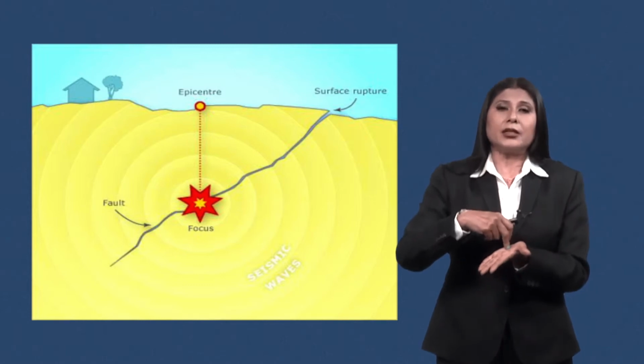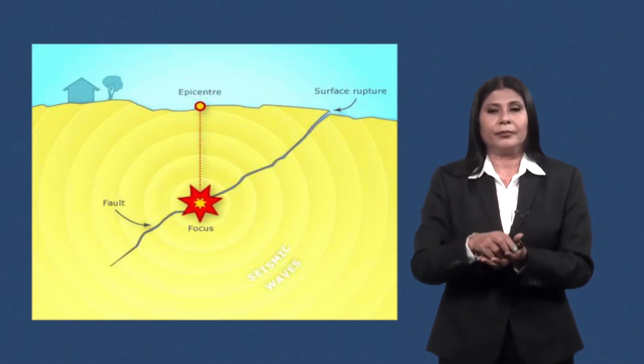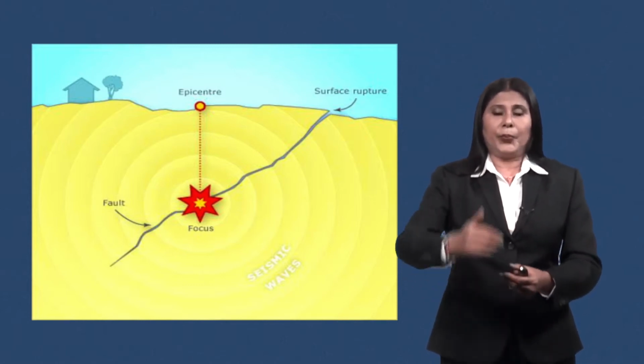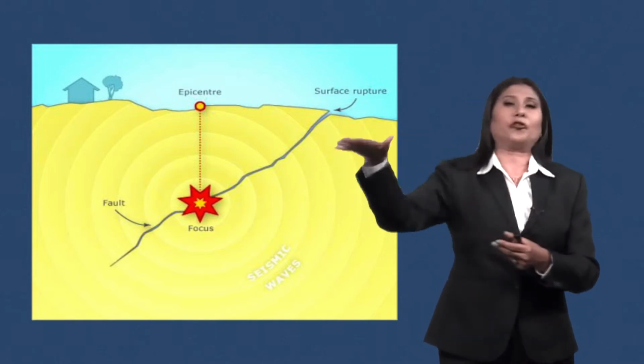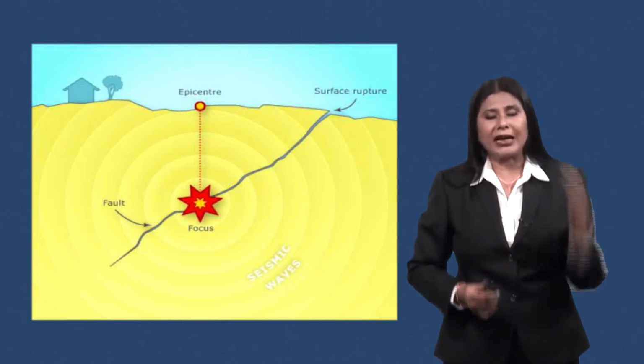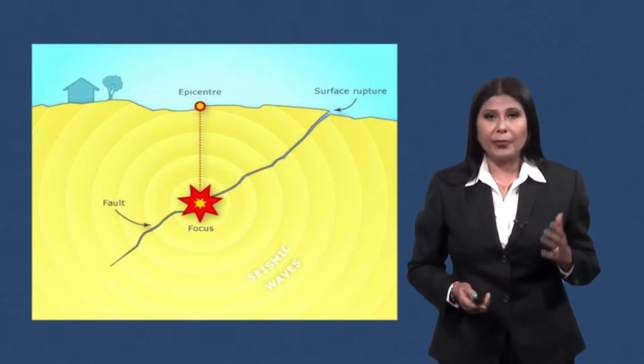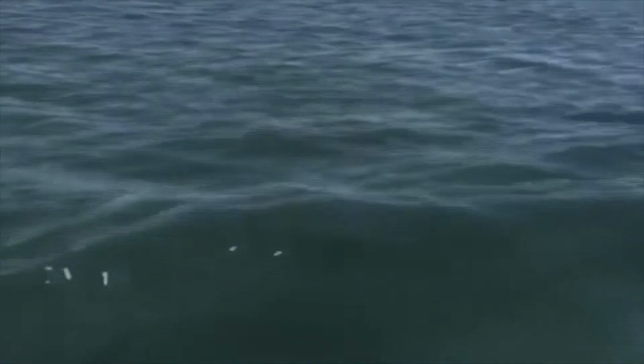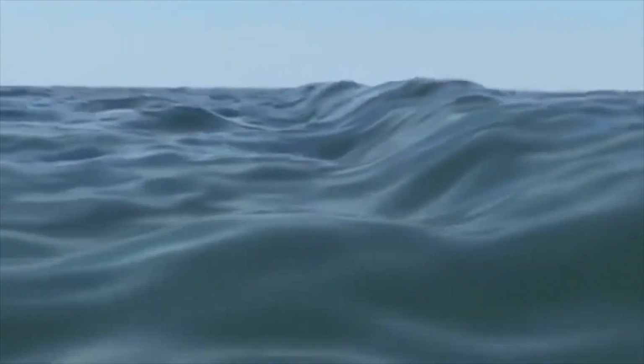That point is what we call the focus, and the perpendicular of that on the surface, that point is the epicenter of an earthquake, where the maximum damage and maximum energy is there. When an earthquake happens, like if we take a stone and throw it in the water, it will start generating waves. Just like that, an earthquake also generates waves from the point of origin.